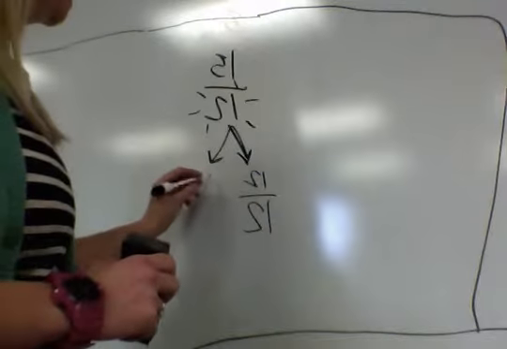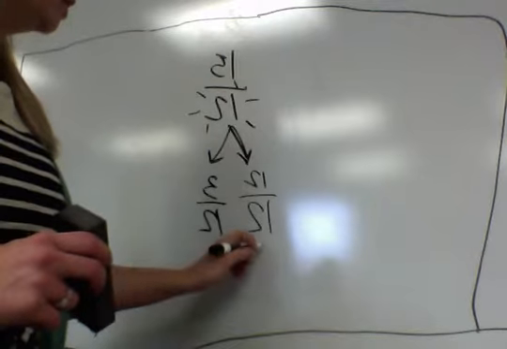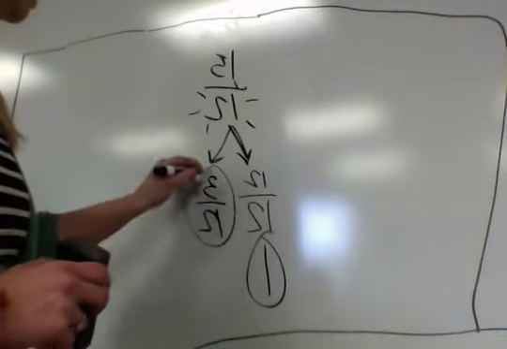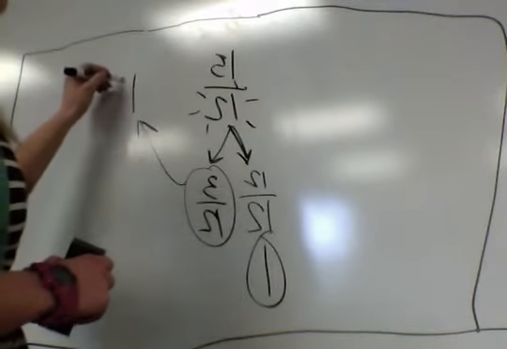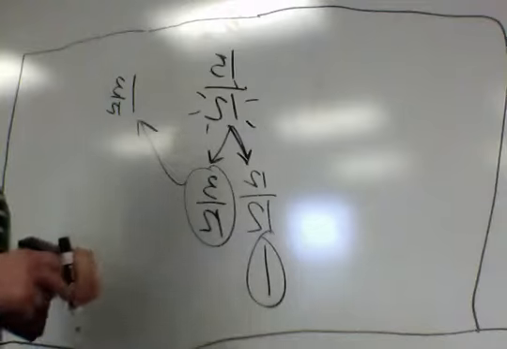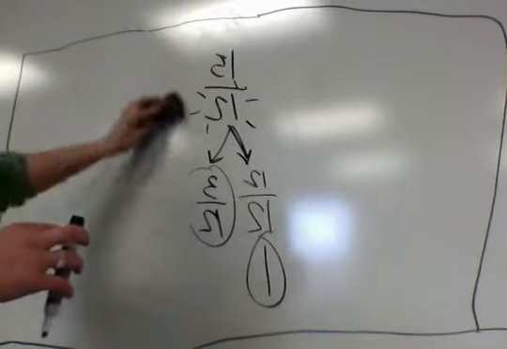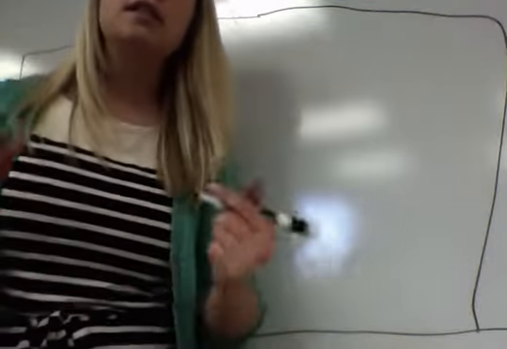You have 3/12. So this 12/12 turns into 1, and then you have 3/12. So my answer as a mixed number would be 1 and 3/12. That is what happens when you break down an improper fraction, and that's the thing you're going to need to focus on today in your lesson.